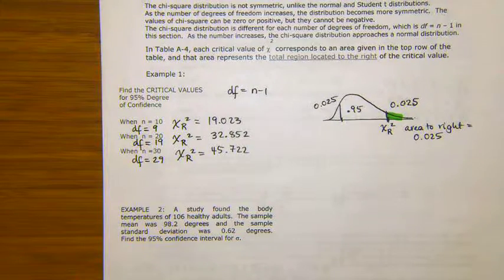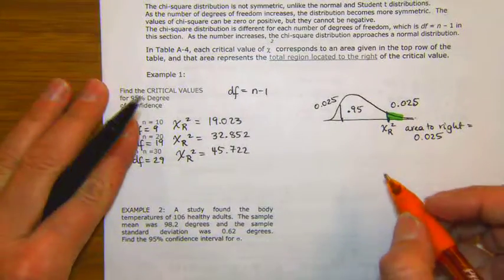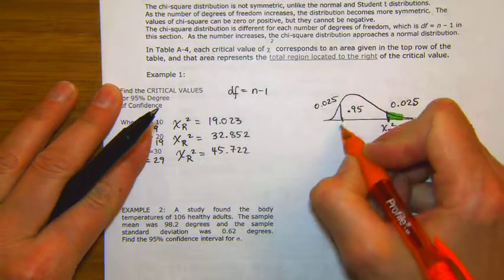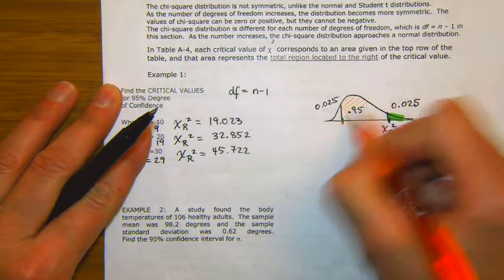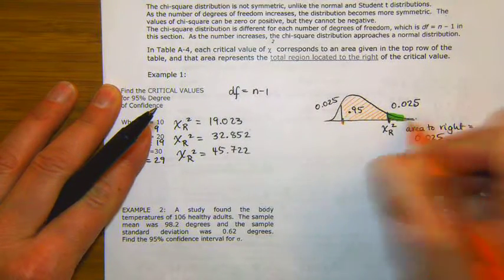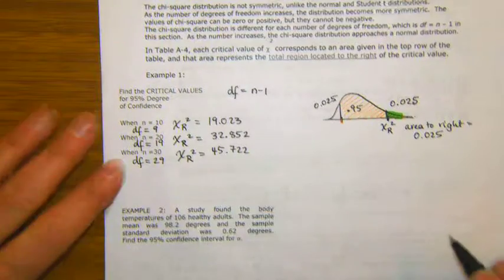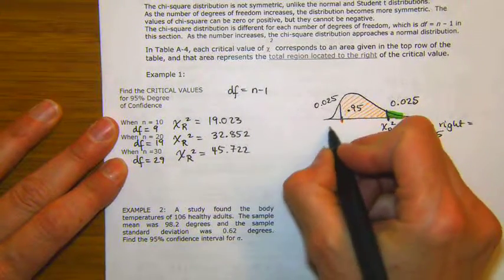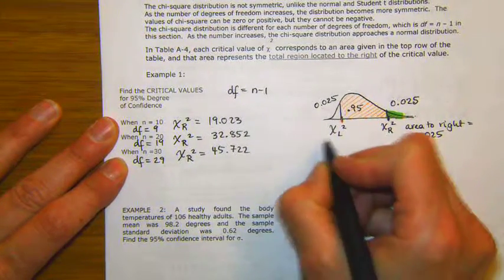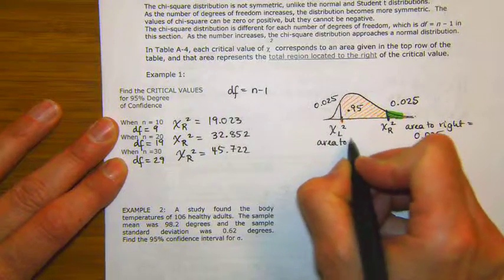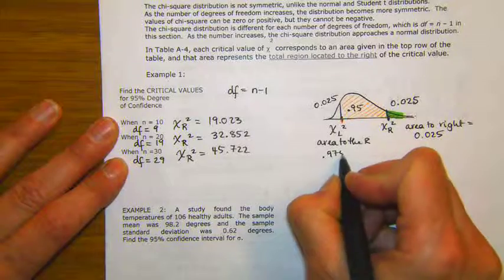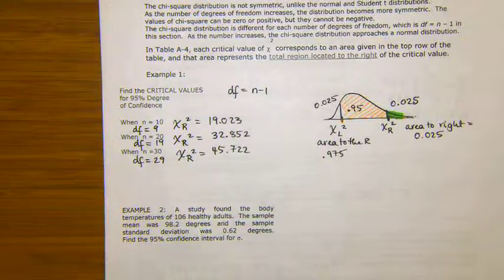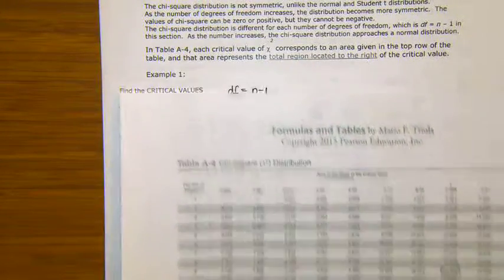Okay, how about the left chi-square value? What area does that one have to the right? So the left one being right here. Right, so I have to take the middle and add the green tail to it. So the left chi-square value has an area of 0.975. Okay, so what column does that correspond to?